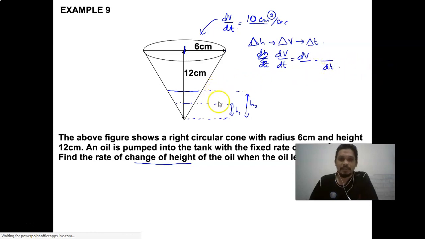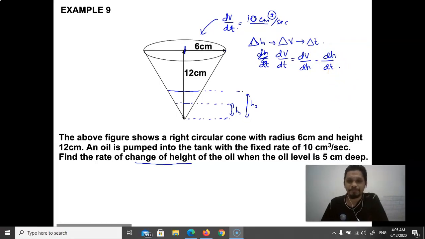So there are three things that we need to consider: the change of volume with the height with respect to the time. So what we are talking about now is dV/dH and dH/dt.